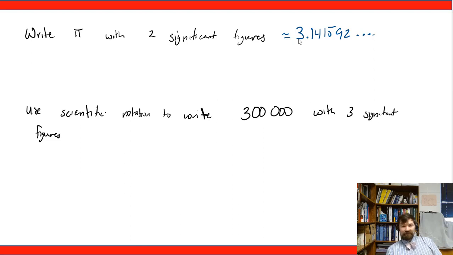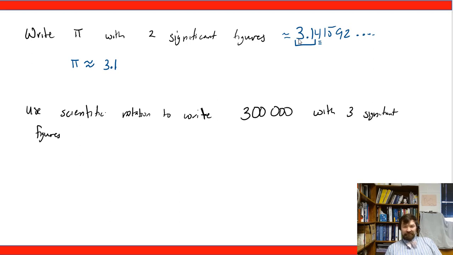But we want 2 significant figures. So that means that we're really looking at these 2 digits and then this one to tell us whether we should round up or down. Now if this digit is 5 or higher, we should round up. If it's 4 or lower, we should round down. Since this is a 4, we're rounding down. So we can say that to 2 significant figures, pi is approximately 3.1.